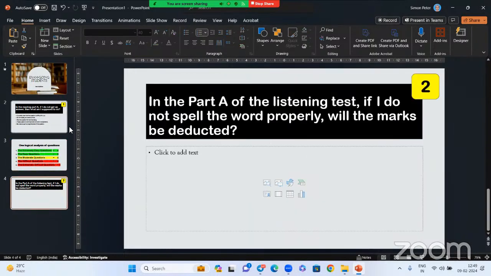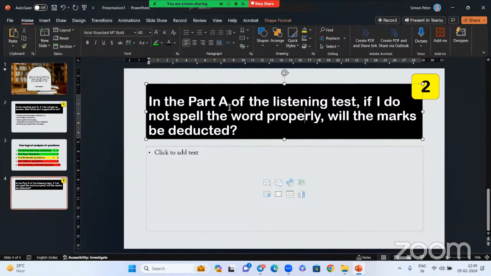So one question I have answered, and the second question is here. In part A of the listening test, if I do not spell the word properly, will the marks be deducted? Definitely.